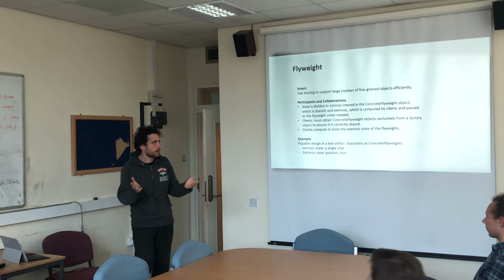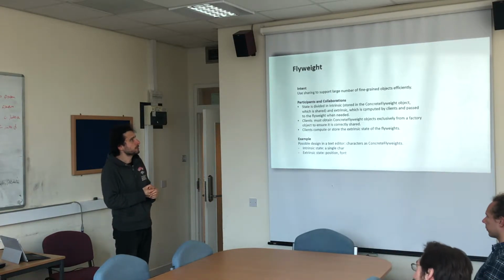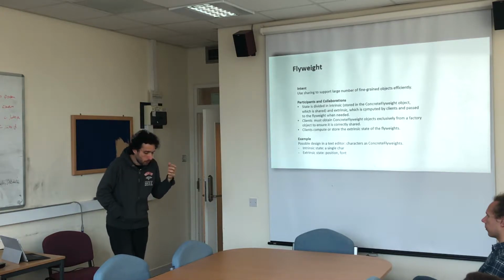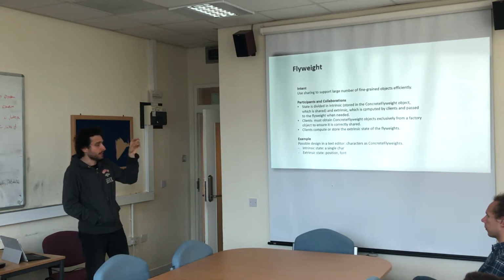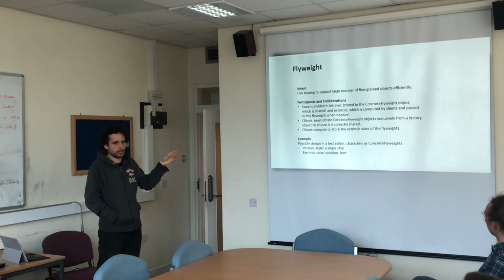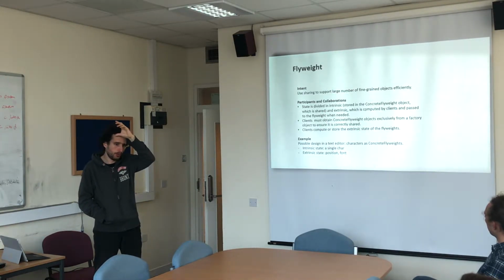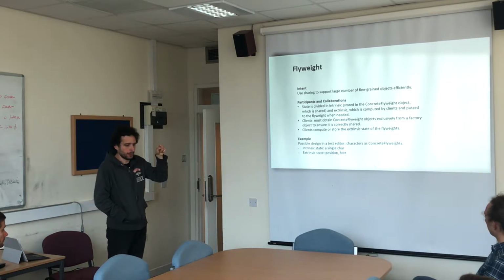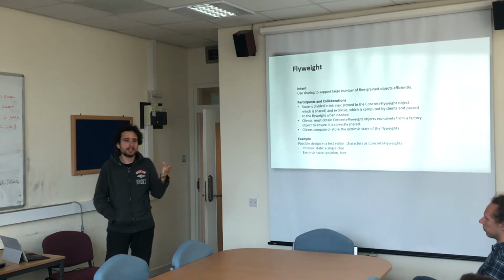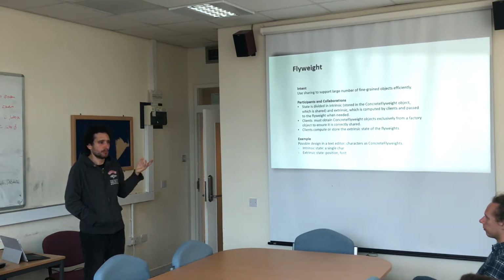An example of this is in text processing or in a text editor. We may want to treat each character as an object. But the same character usually shares properties with all the other characters of the same class. So, for example, all the lowercase a's may actually have the same properties.